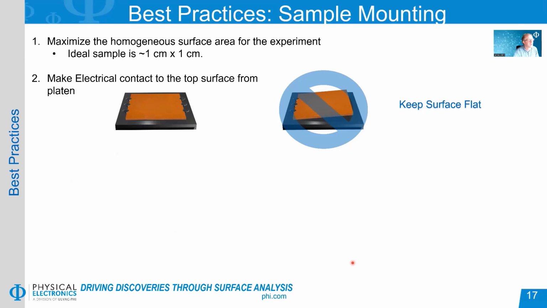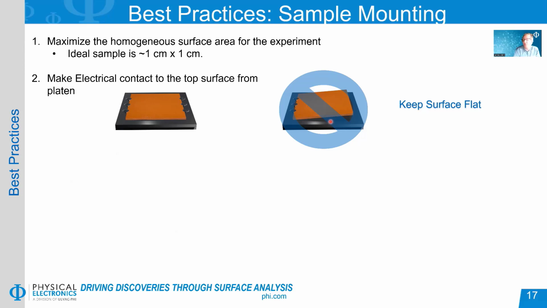Next, I would recommend making electrical contact to the top surface from your platen. Here you can see an image where we have our sample that we want to analyze, and I've used screws with washers to press it down into the platen. Importantly, and I've seen this happen before, you don't want to do this with just one side, because you don't want your sample cantilevered up at a weird angle.